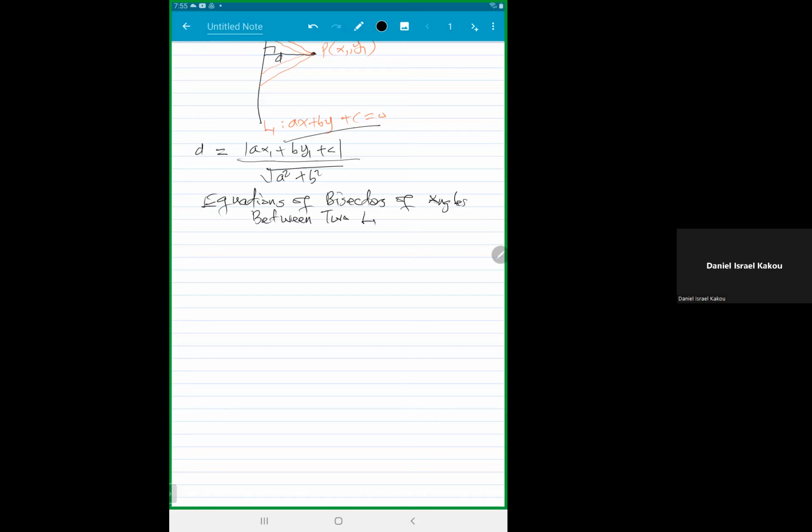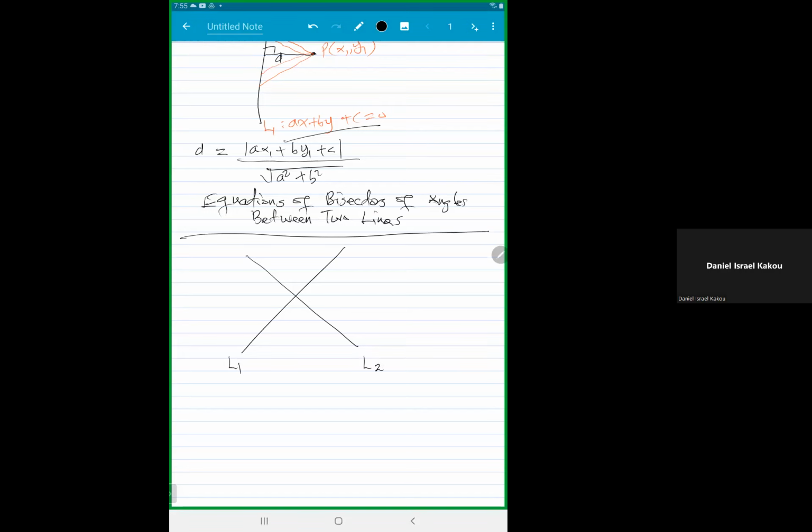So in an instance when we have two lines like this, let me call the first one L1. Let me call this one L2. We have two lines.